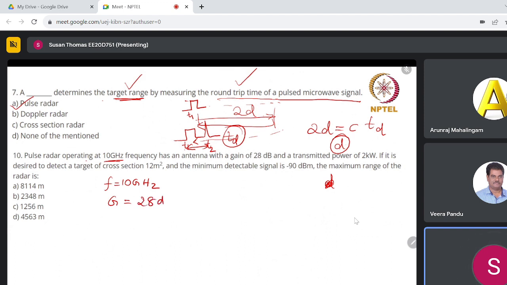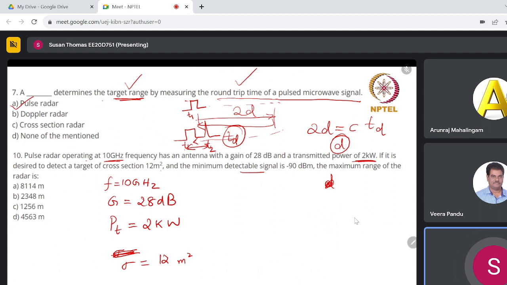The transmitted power PT is 2 kilowatts. If it is desired to detect a target of cross section 12 meters square, that means the radar cross section sigma is 12 meters square.